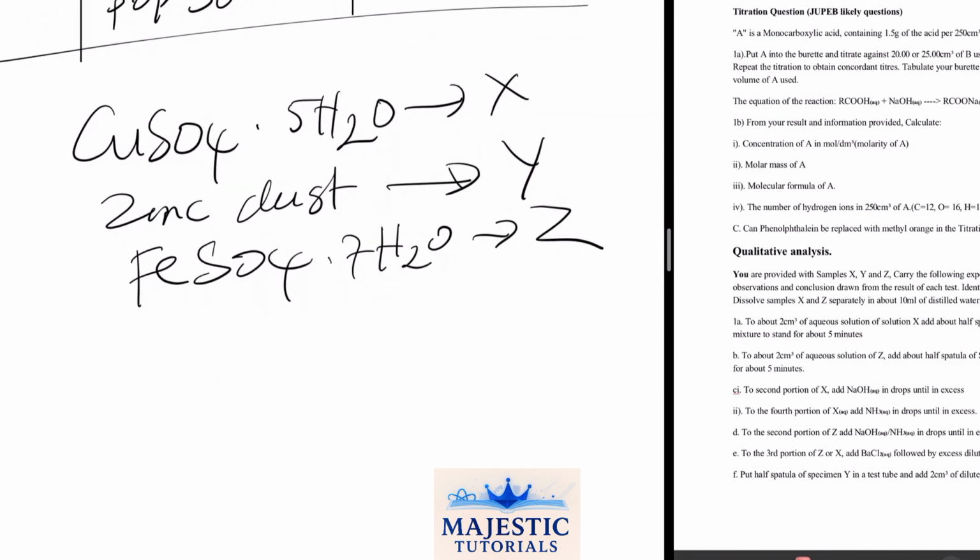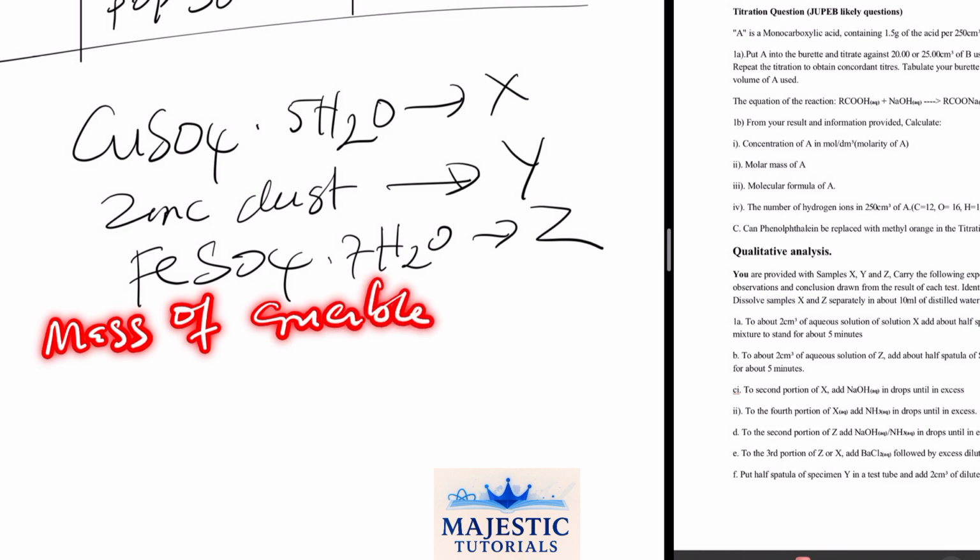If you are to determine the percentage water of crystallization here, heating is allowed, whereby you will be told to weigh. You will need a crucible first of all. In determining water of crystallization from analysis without titration, you have to give us the mass of crucible alone.